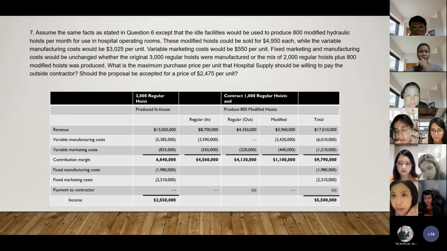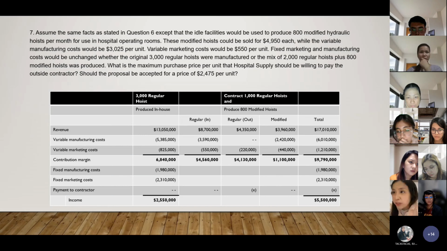Totaling all the income, we get 2,550,000. Totaling all the regular and the modified, we get 17,010,000.